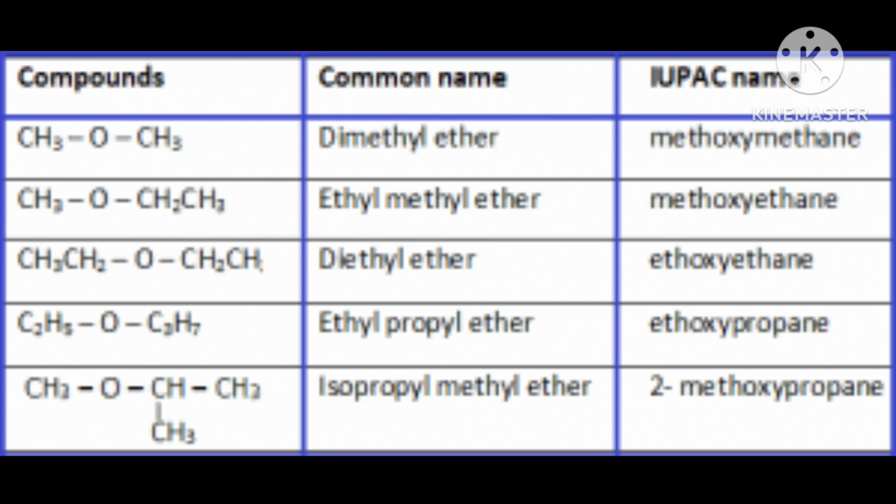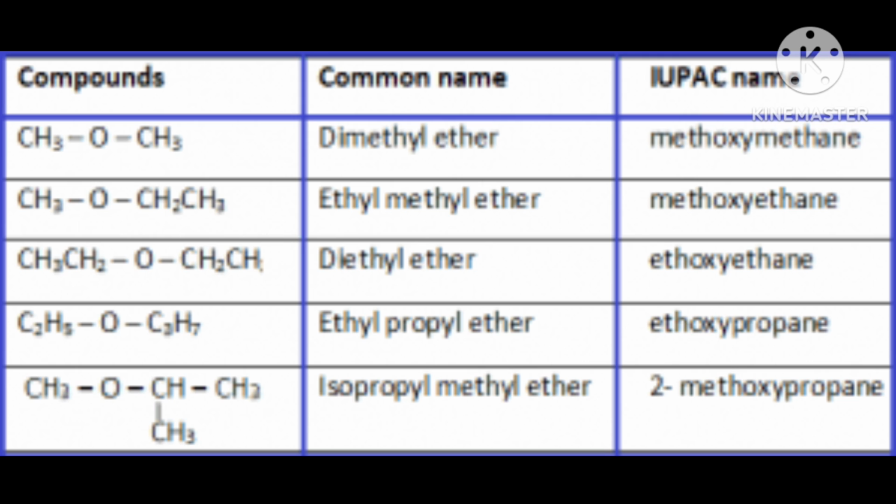The name is written alphabetically: methyl, M, and ethyl, E. Ethyl comes first alphabetically, and after that M. So ethyl methyl ether. This is the common name.